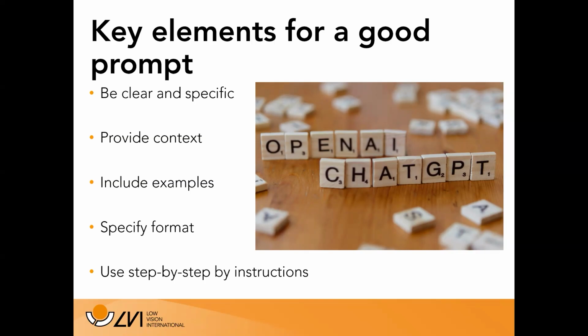So, key elements of a good prompt: you really need to think about this in terms of something called prompt engineering. So think about the different elements that are going to make a good prompt. Be clear and specific.